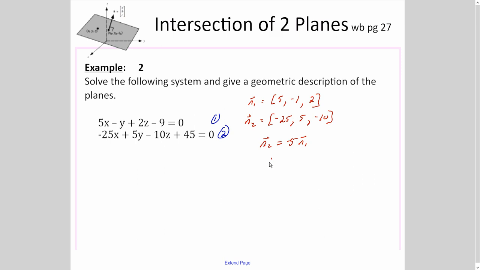Therefore, if one is a scalar multiple of the other, then I know that the planes are parallel. I just have to determine whether they're going to be parallel and distinct, or coincident.